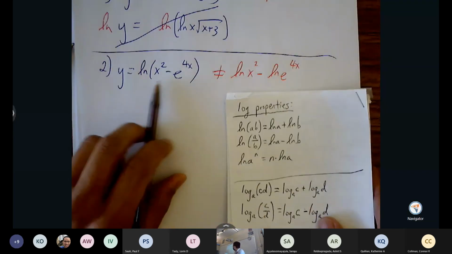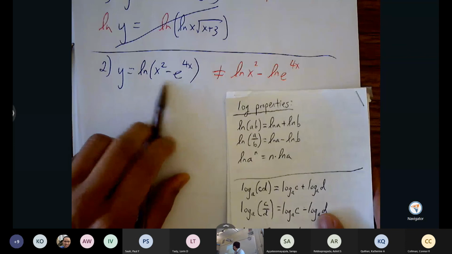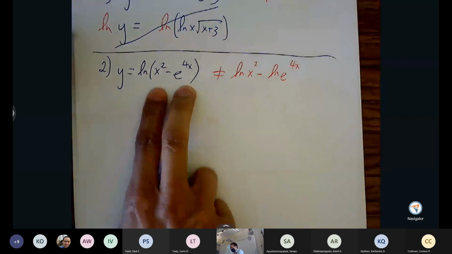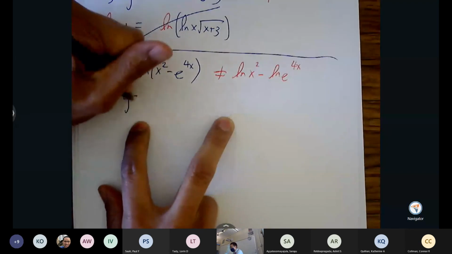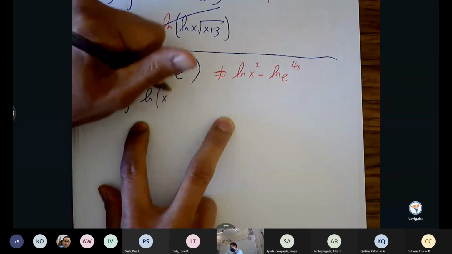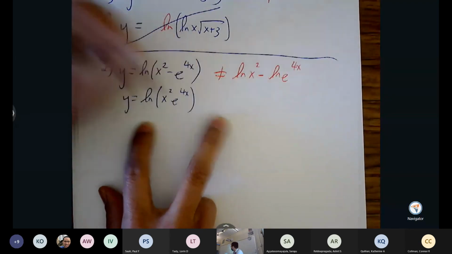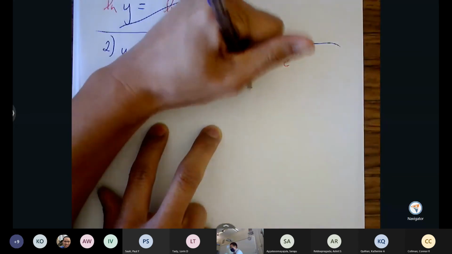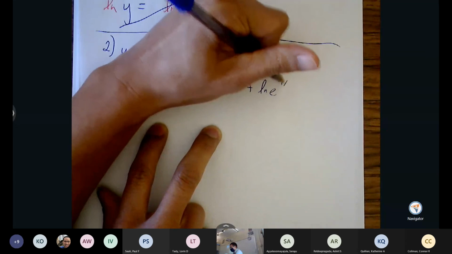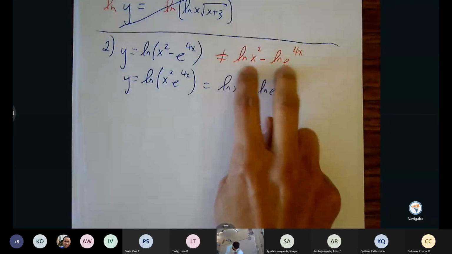Right. Now, if these were multiplied together, then you can expand. But if it's addition or subtraction, we can't go any further. But if it looked like this, then yes, we can make this natural log of x squared. Okay. But we can't do this.